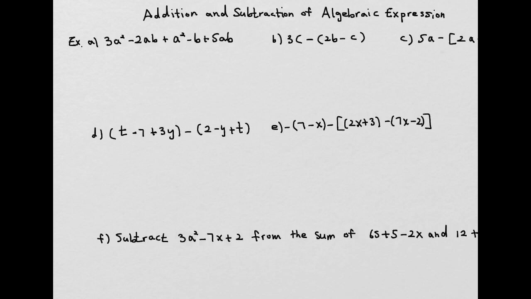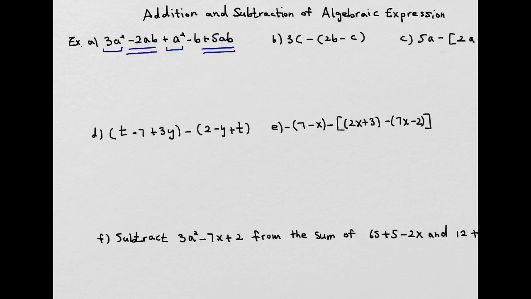At the same time, we want to use the order of operations we learned in the other sections. So it looks like I have 3a squared and 1a squared as like terms, and also negative 2ab and positive 5ab as like terms.